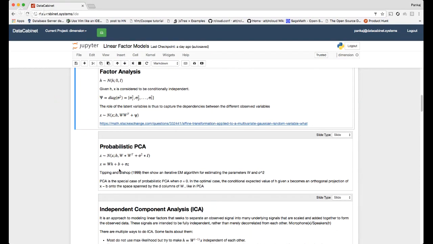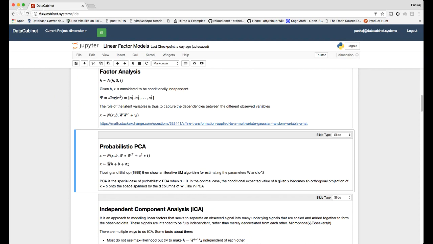And if you know PCA, then if the sigma is 0, it's basically PCA. But even if you model it as probabilistic PCA, given an H and given some data, there are algorithms like expectation maximization that will figure out the W and sigma for you.